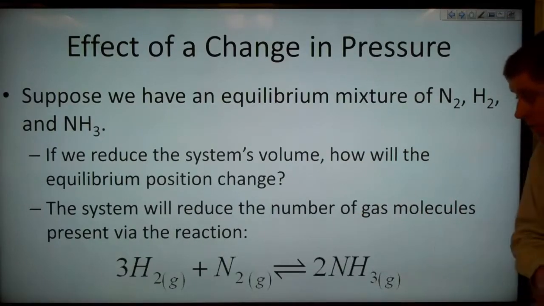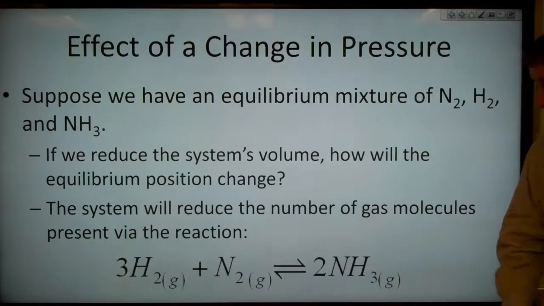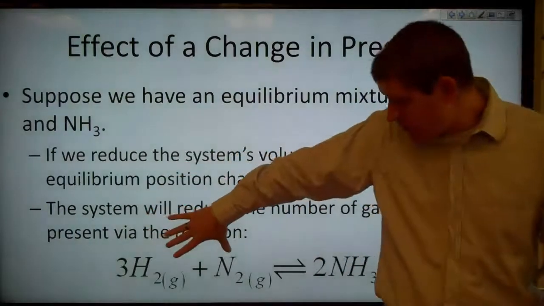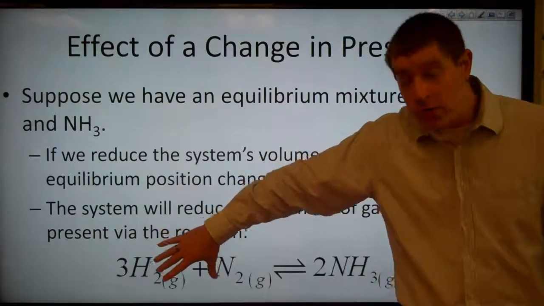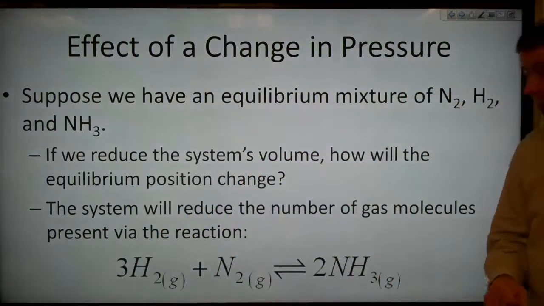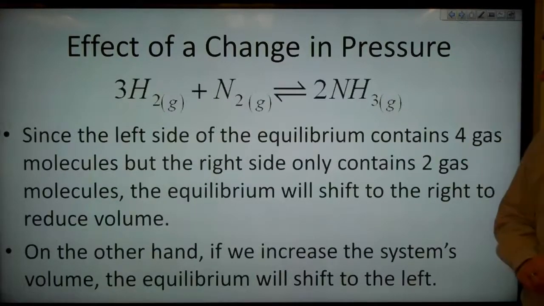The system will reduce the number of gas molecules present via the reaction. So we can go from the 3 plus 1 moles of gas on the left, so 4 moles of gas on the left, down to 2 moles of gas on the right. And that means that the equilibrium will shift towards the right.